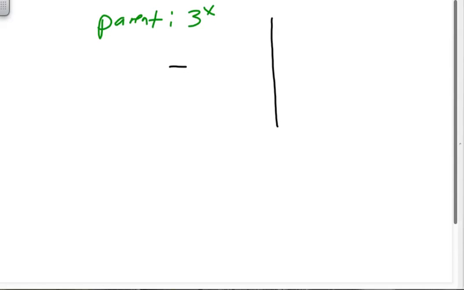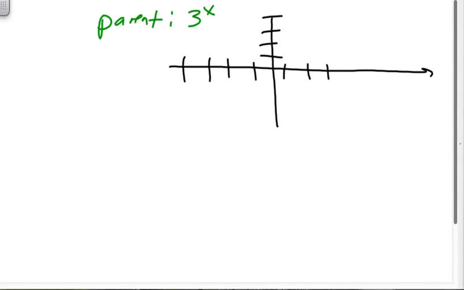Instead of actually putting it in your calculator, we're going to go back to my original parent. So I know I'm going to go through 0, 1, and then at 1, I'm going to be at 3. So here is my parent.